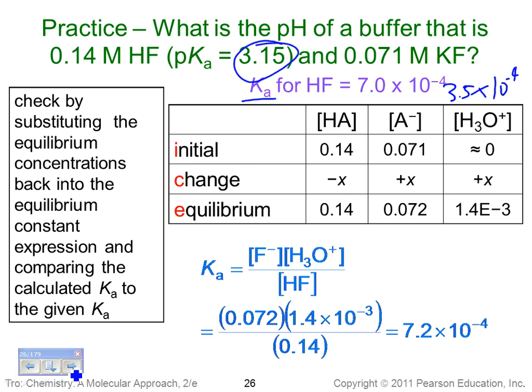I guess what I need to do is see if I can corroborate one value versus the other, but I think that's right: 3.5 times 10 to the minus 4. That's what the back of the book says, which means that the pKa is not 3.15. The pKa is 3.45, which I would round to 3.46. So if you went back there and used this value, then it's going to change the value for X.